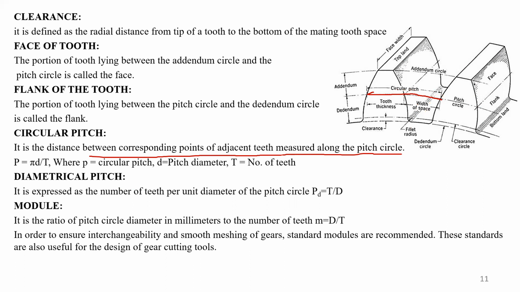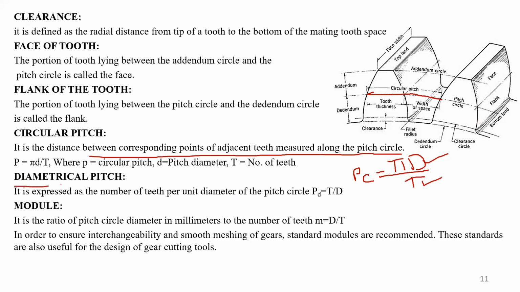The total circumference of the pitch circle is pi d, divided by the number of teeth. That is called the circular pitch. PC is equal to pi d by t, where d is the diameter of the pitch circle and t is the number of teeth.